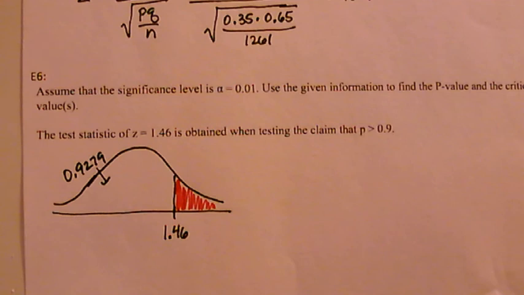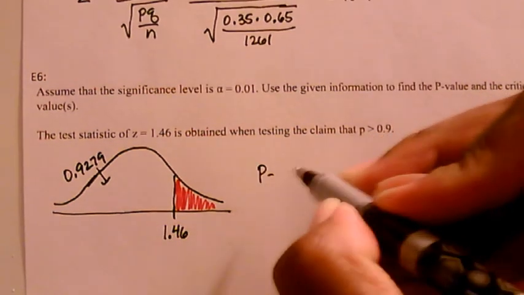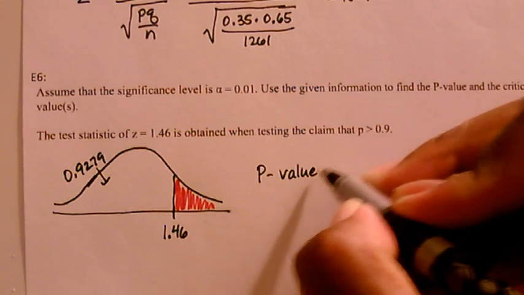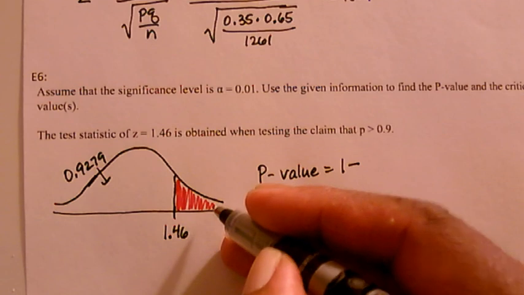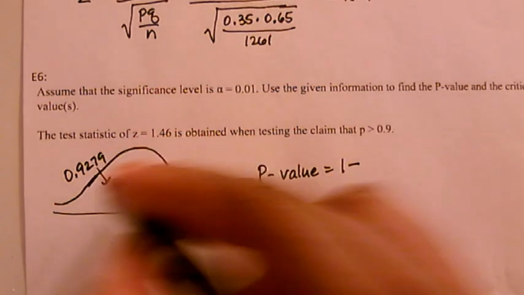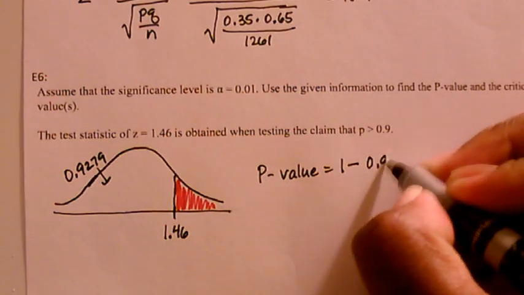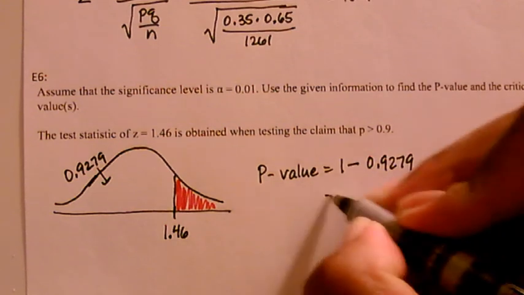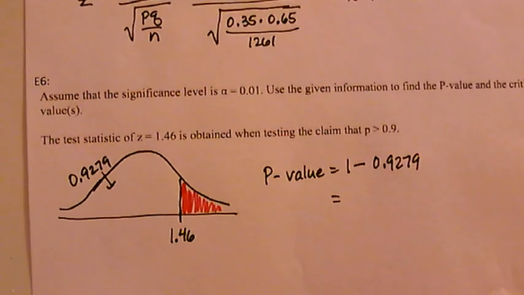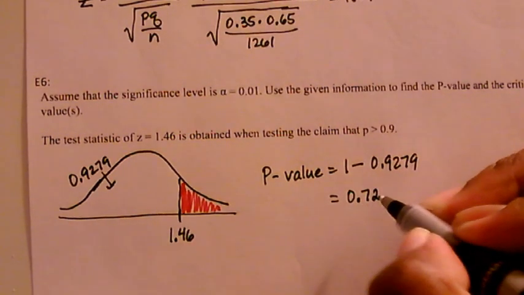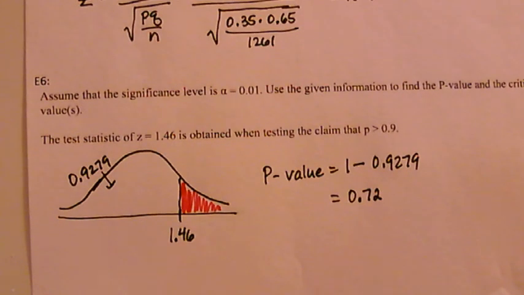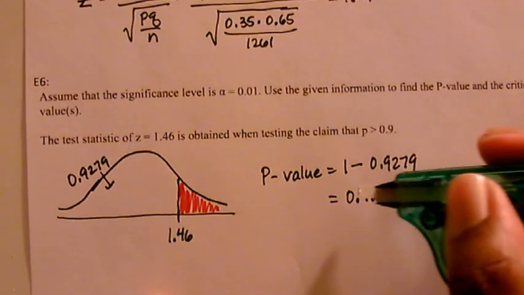So what we're going to need to do here to get that p-value, we do 1 minus, and it's 1 because the area underneath the curve is 1. 1 minus that area that's on the left, which is 0.9279. So if you do 1 minus 0.9279, that would give you 0.0721.